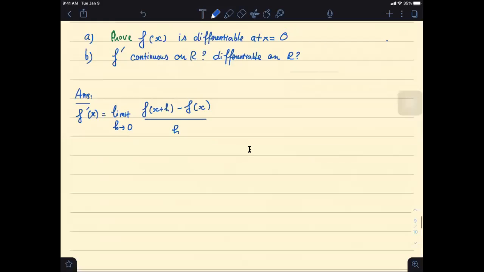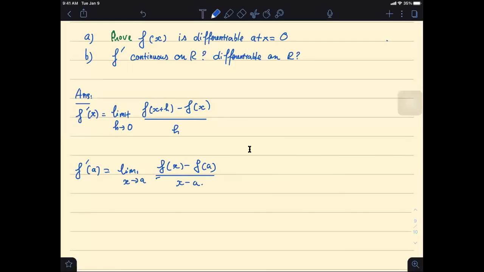What about the second definition? You have a limit as x approaches a of f of x minus f of a over x minus a.